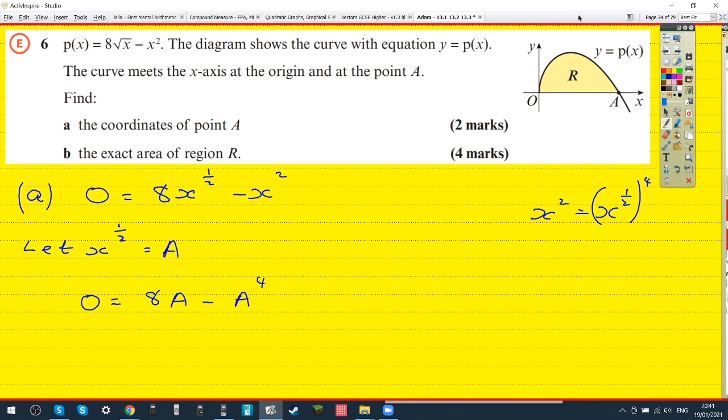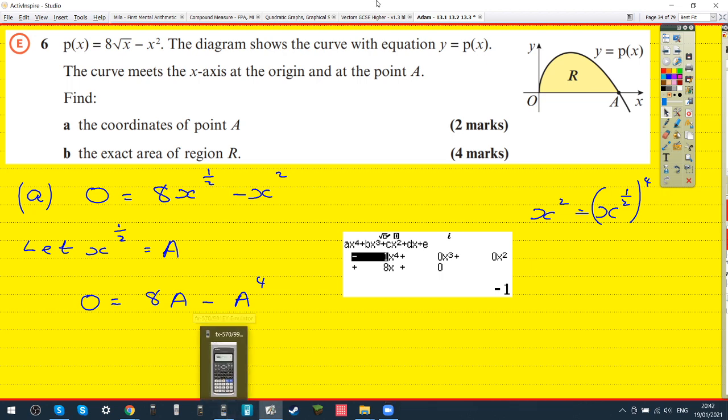Is your input different from mine? I put in minus 1 x to the power of 4 and then 0, 0, 8x plus 0. I got x is 2. Yes, x is 2, x is 0, and then 2 imaginary numbers, I think. And so what's the coordinates of A? A is 2. So 2, 0.